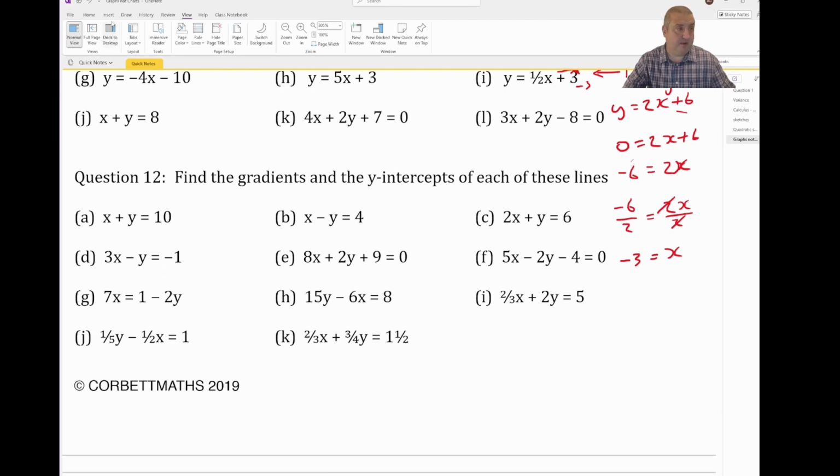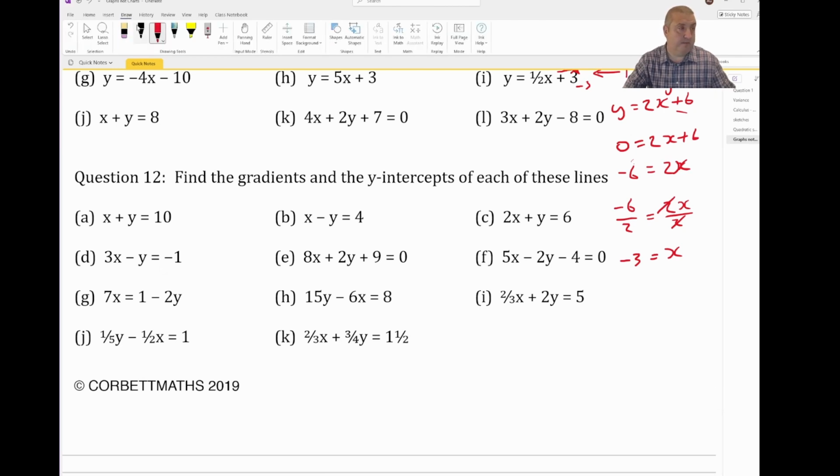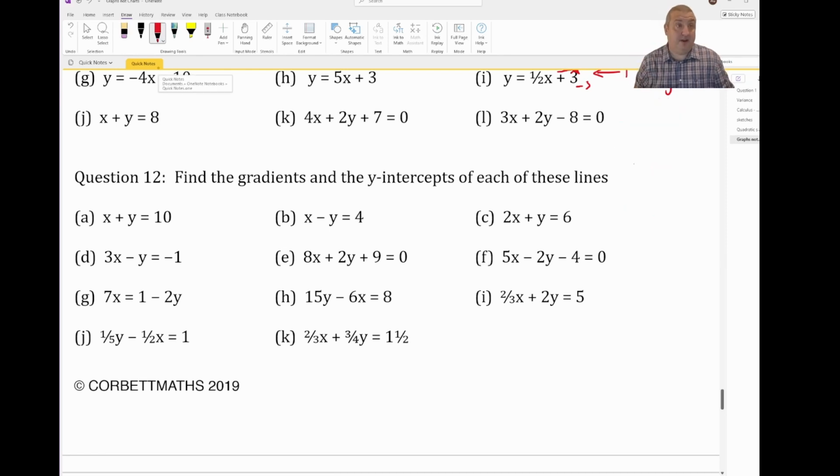The next question, if you're going to go on to this one, is nowhere near as challenging as it looks. It's just worded differently. It is y equals mx plus c, but it's all the wrong way round. So what we need to do is rearrange this to make y the subject. So if we take x from both sides, I'll draw it down here.